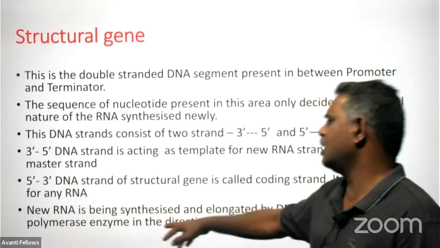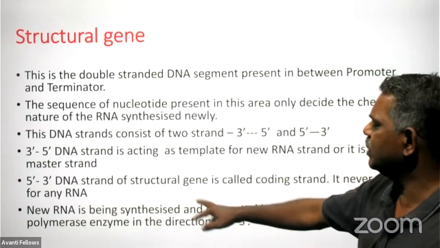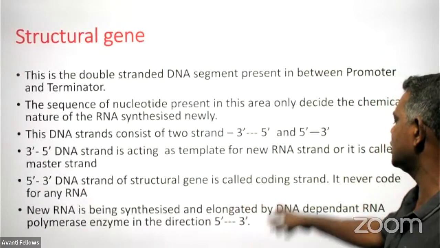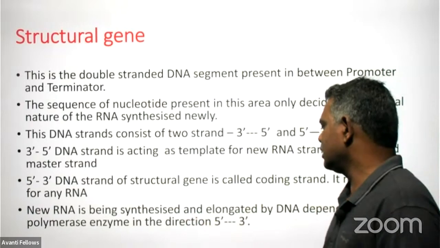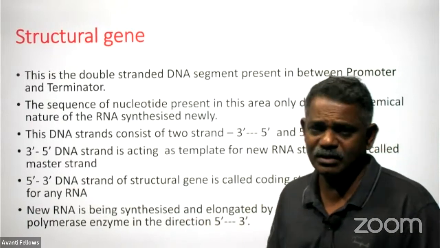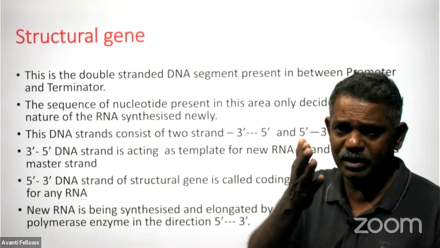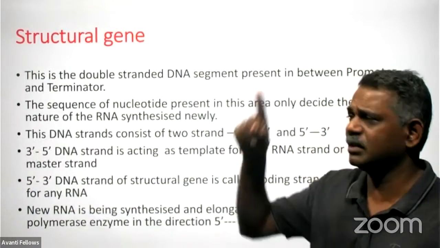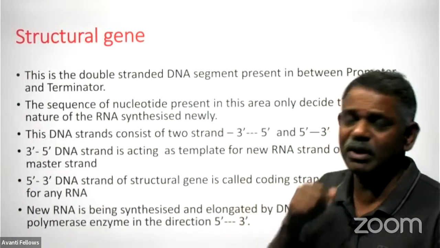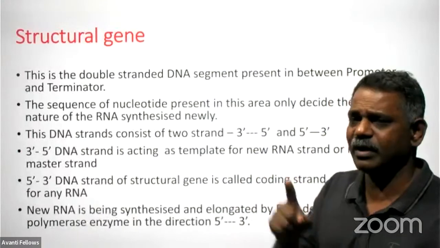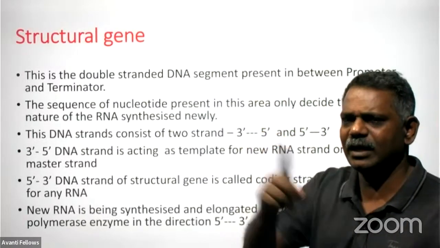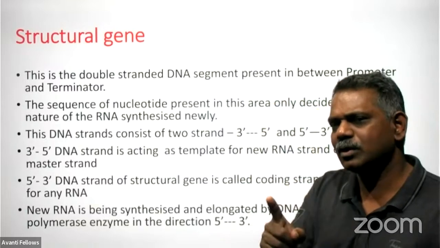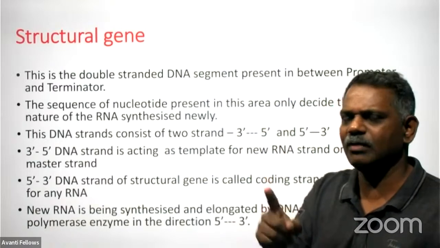And the new RNA is synthesized and elongated by the DNA-dependent RNA polymerase enzyme always in the 5' 3' direction. Remember the DNA-dependent DNA polymerase in the case of replication. It is used only for DNA replication, and that also elongates in the 5' 3' direction only.